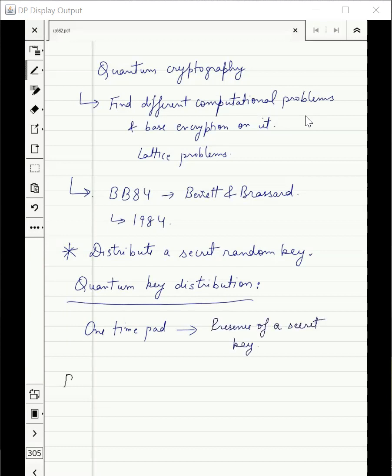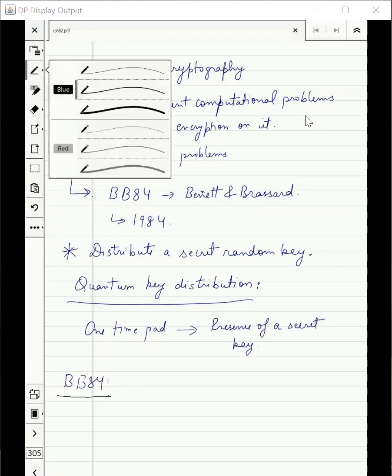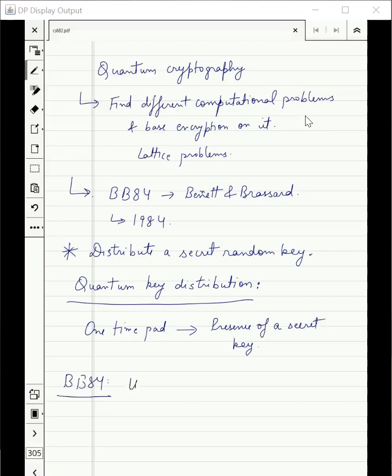What does BB84 do? It uses quantum mechanical principles to share a secret.